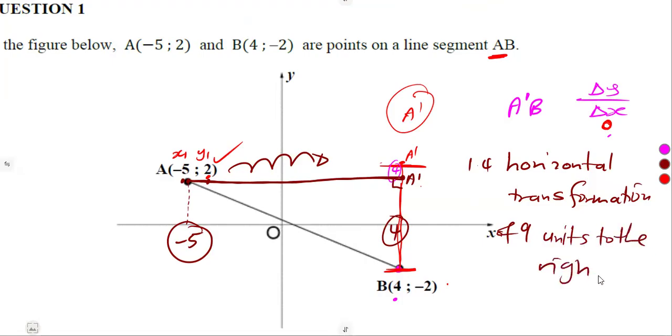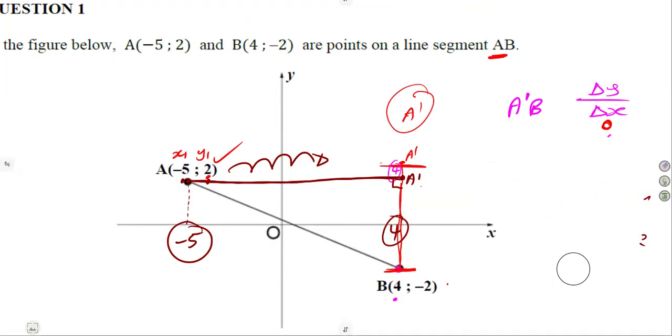This is the transformation that you're answering. So the question, guys, was we need the gradient of the image of A and B to be undefined. The denominator must be 0. And we are talking about a line. It must be vertical like this. When it is a vertical line, the gradient is undefined.